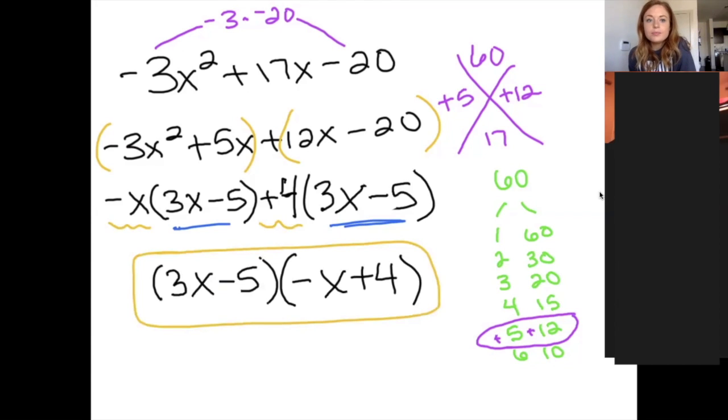Any questions on this one? Like I said, this is probably one of the hardest factoring problems just because of all the negatives going on in it, so you really have to watch your signs. If the top number becomes positive, then you're going to add to get your b value. But if it's a negative, then you subtract.